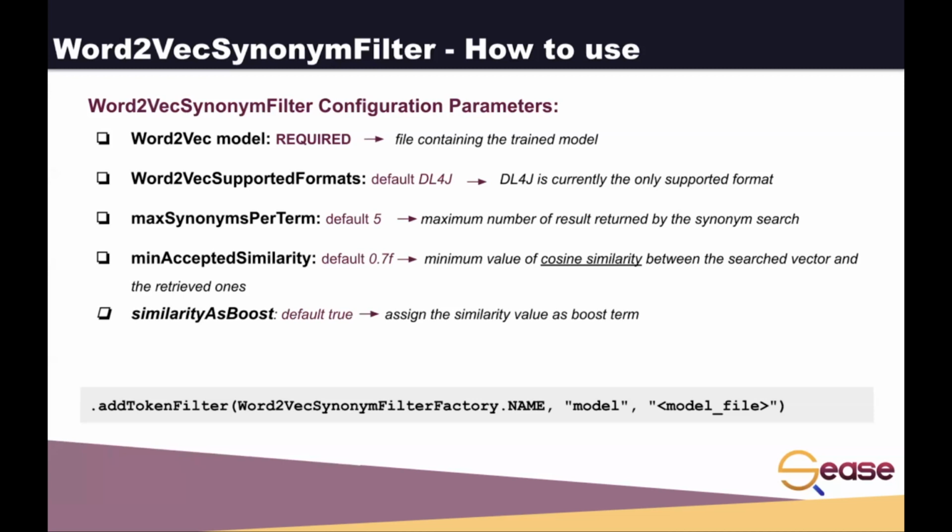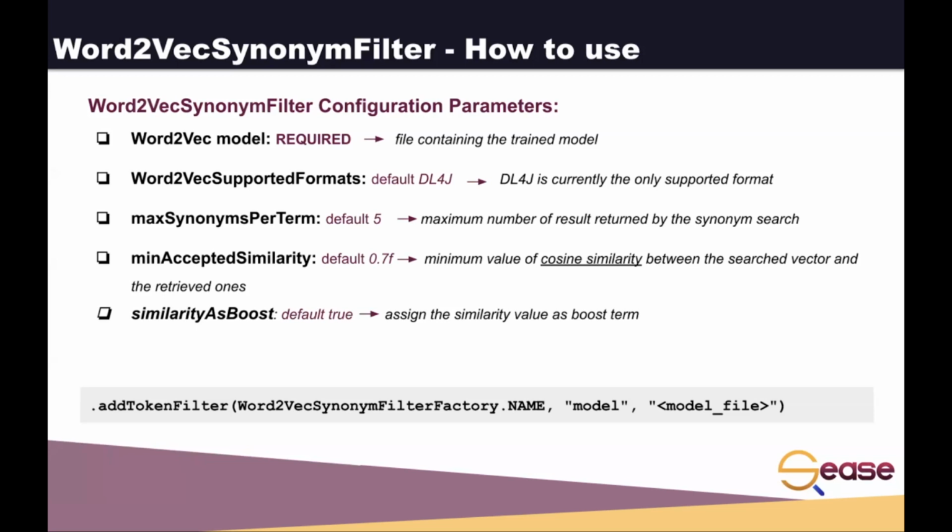You can make another contribution that supports BERT, and of course you can also add another parameter here. You can set how many synonyms per term you want to get. The default is 5, but you can change it.